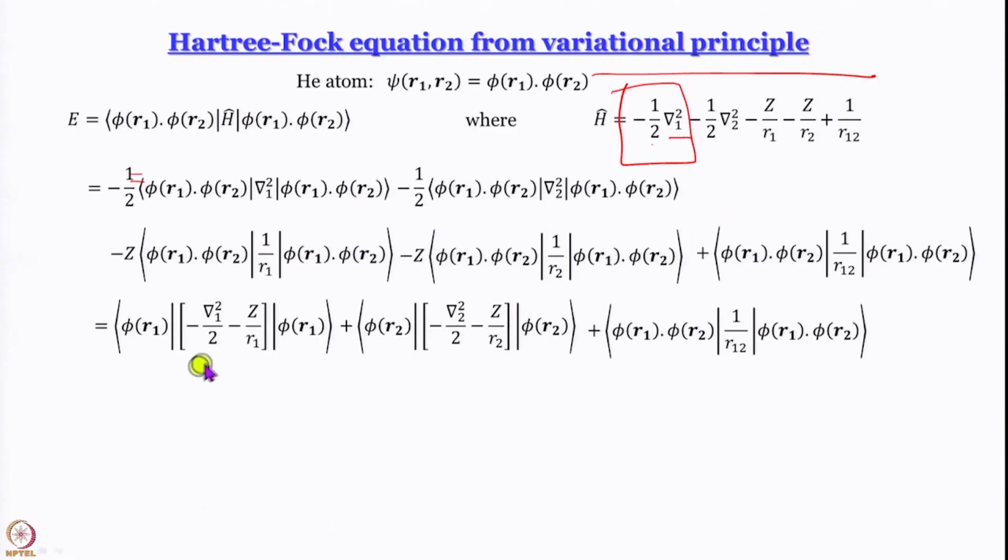So, similarly we will call this one I1, we will call this I2, collectively they belong to the family I, and this one we will call J. So, I will get I1 plus I2 plus J12. This subscript means which electron coordinates this integral has contributions from. The last integral J12 is made up of coordinates of electron number 1 as well as electron number 2. So, it is called J12 and it has a name also, the name is Coulomb integral.